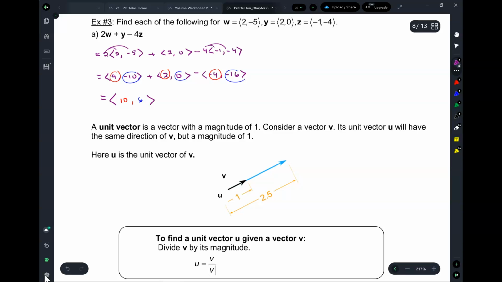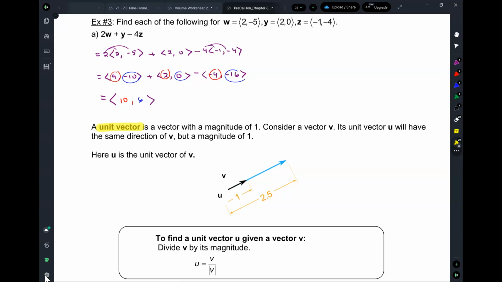Okay. All right. Now let's talk about a unit vector. Remember how vectors can represent physical quantities, like a speed or a velocity and so on. But sometimes maybe all you need is the direction of a vector. In that case, you can just have a unit vector.